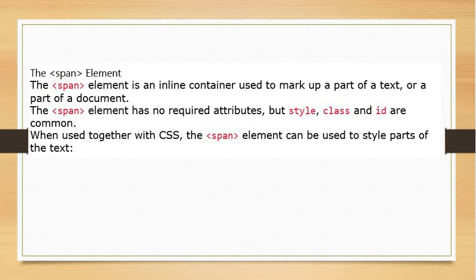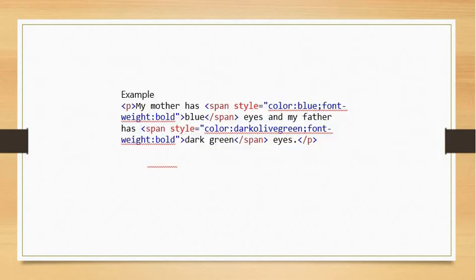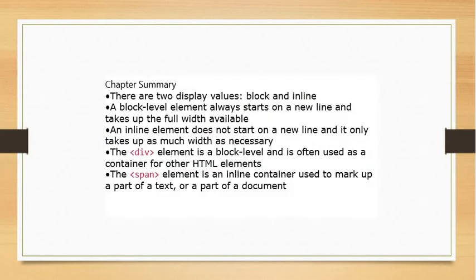Easily you can do that. Along with the example, we'll see how span works. So here we go. You can make a paragraph, and in the paragraph, you can take a span style, and mention which color and which font you need, and see the output. Type it and you can see it yourself.